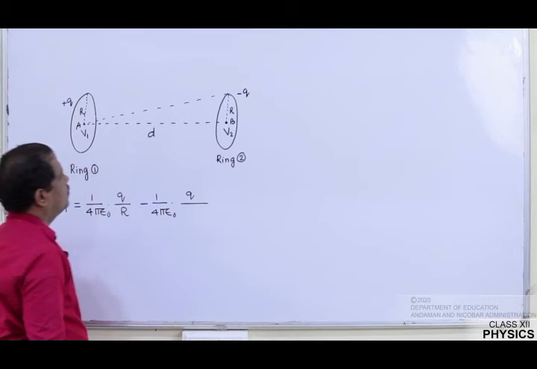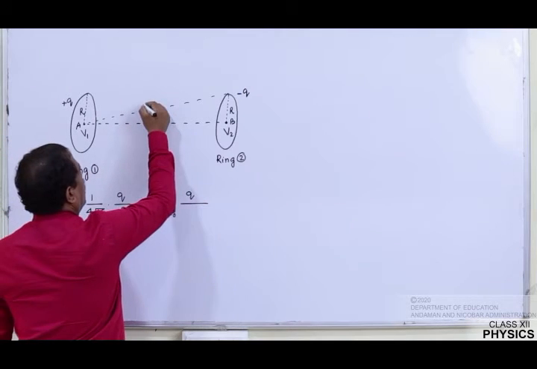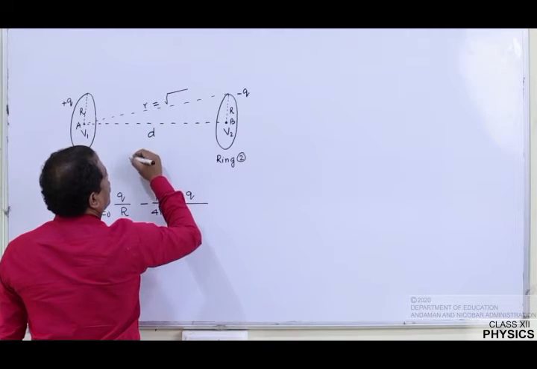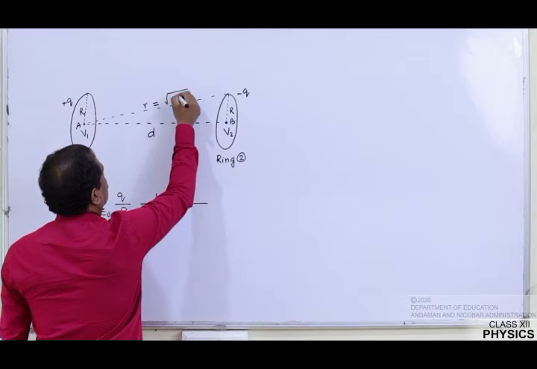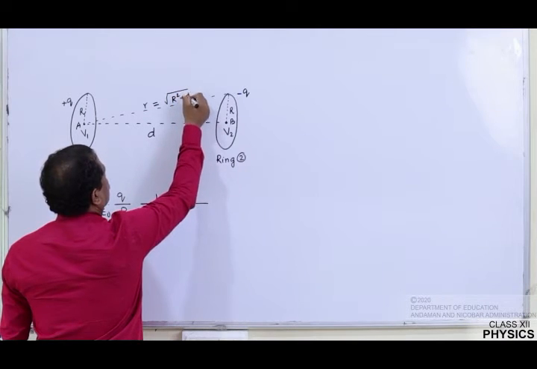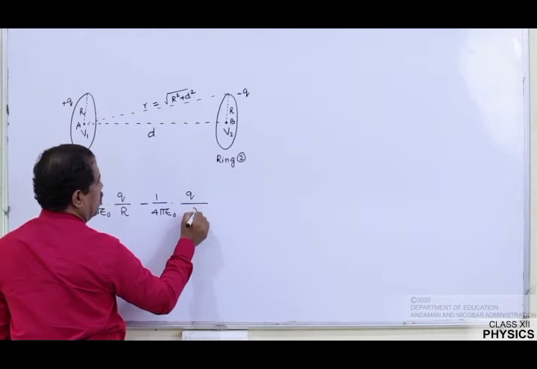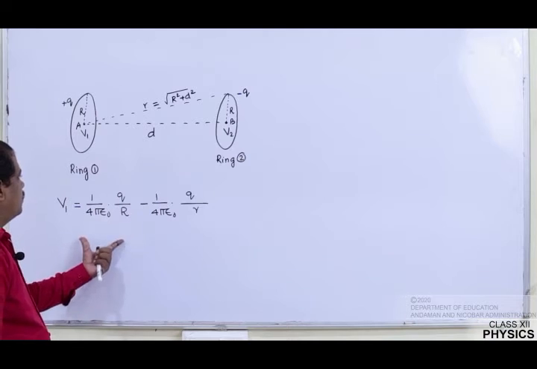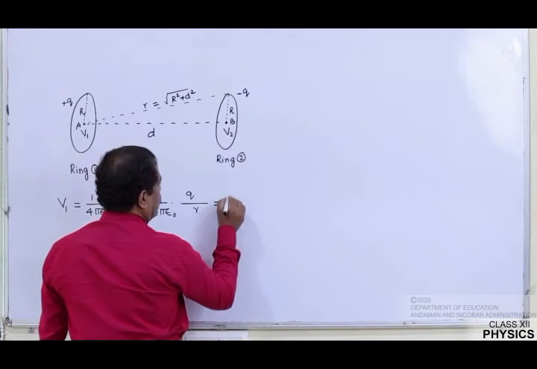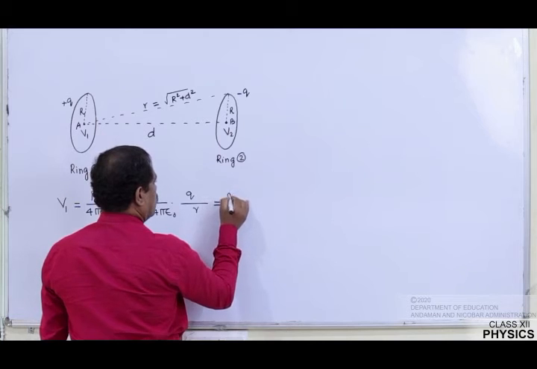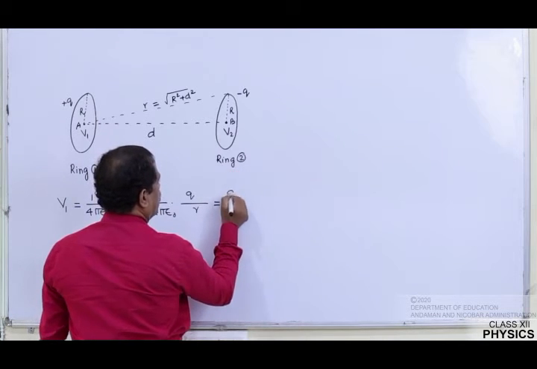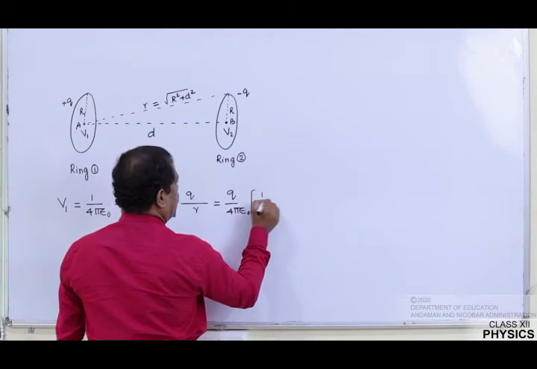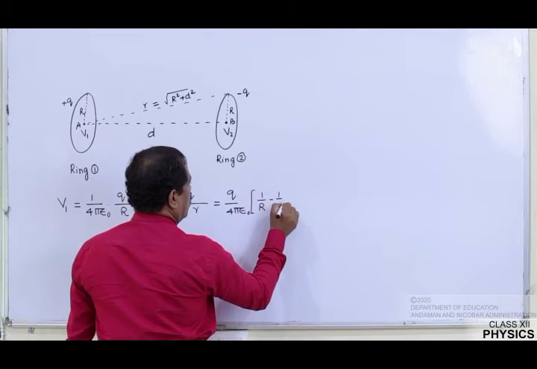I take this distance r equal to root under R square plus d square. Let me say this is small r. If I rewrite this expression, taking common, I get Q by 4 pi epsilon naught into 1 by capital R minus 1 by small r.